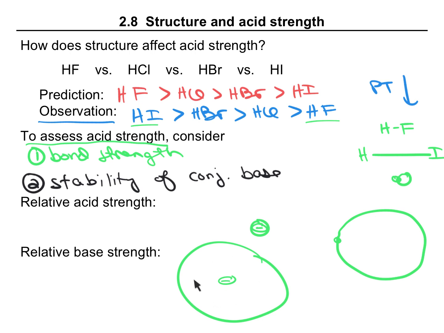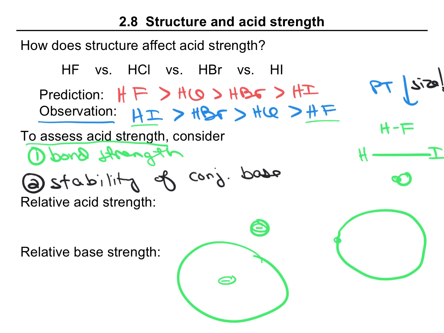Even though iodine is not nearly as electronegative as fluorine, once this great big ion has a negative charge, it barely even knows. This charge is so spread out, because remember, we're talking about a big squishy cloud where these electrons are likely to exist. So having an extra electron in this huge space, iodine barely even notices. So as we compare down the periodic table, we have to focus on size.